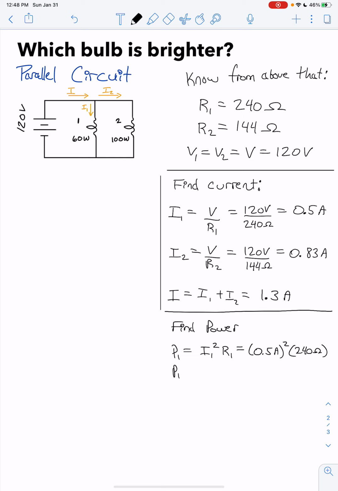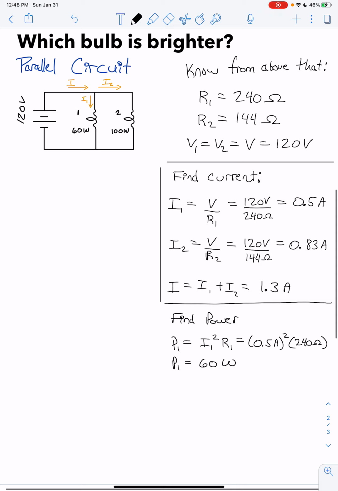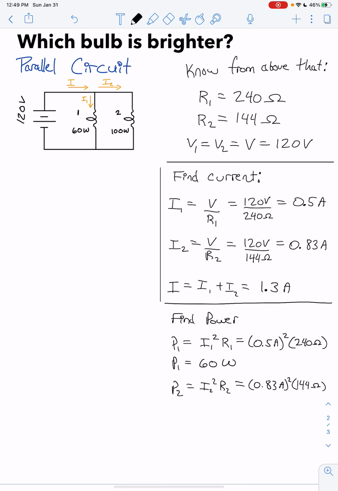And so power 1 is 60 watts. And we could do power 2, and again, it's I2 squared R2. And that's going to be equal to 0.83 amps squared times 144 ohms. And so power 2 is equal to 100 watts.